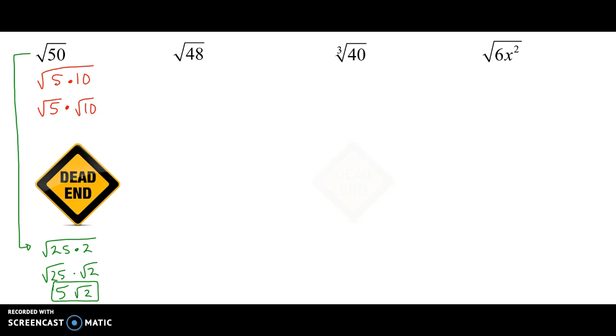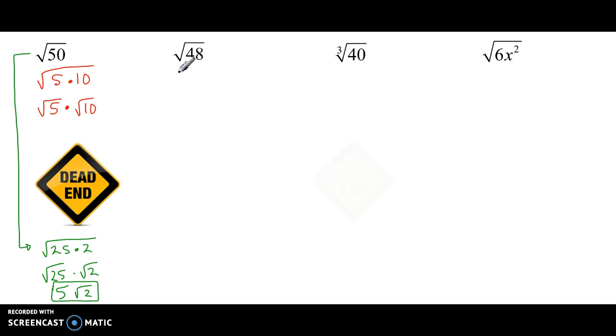So with that in mind, we're trying to take the number inside the root, break it up as a product, where part of the product can be actually worked out. Let's take a look at square root of 48 and keep that in mind. Now I'm going to do this a slow way and then a fast way.